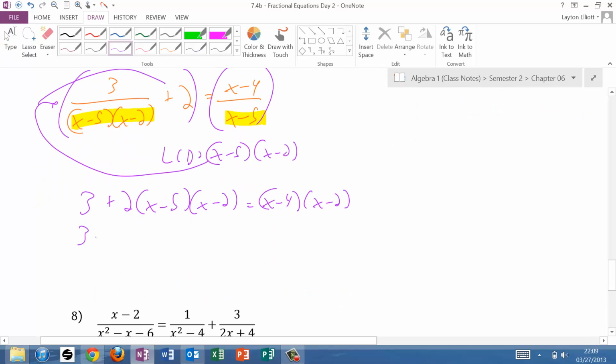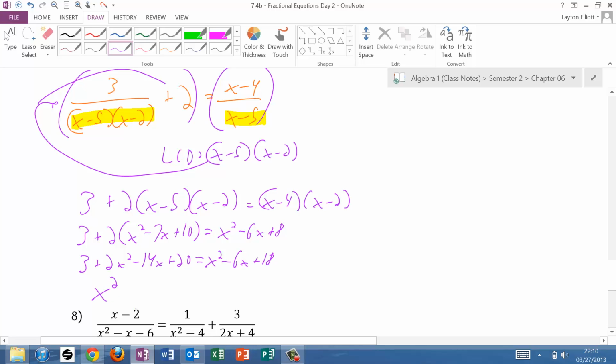This we have to simplify. 3 plus 2, FOIL this, x squared minus 7x plus 10 equals, and FOIL this, x squared minus 6x plus 8. Keep simplifying. 3 plus 2x squared minus 14x plus 20 equals x squared minus 6x plus 18. Let's move the x squareds to the left, and I have x squared.